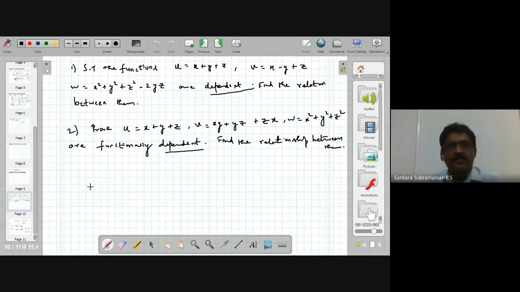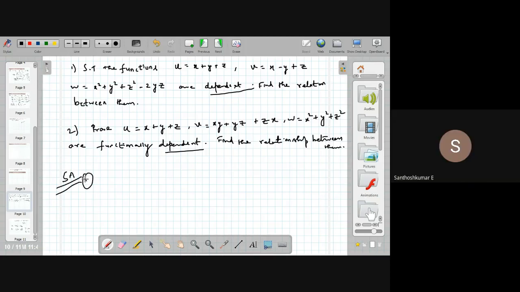Let us take the first problem. Show that the functions u, v, w are dependent. Find the relation between them. To say that u, v, w are dependent, the Jacobian of u, v, w with respect to x, y, z must be 0. So that is the point. So, the solution for the first problem.